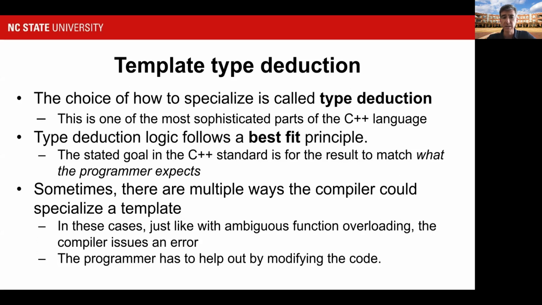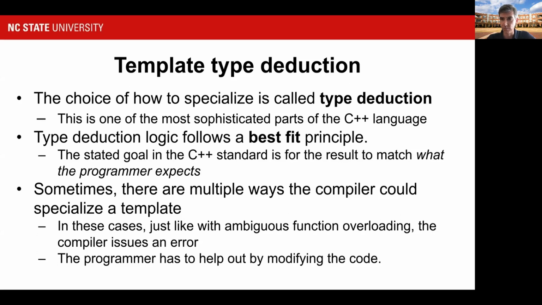So it has a similar sort of goal when applying templates. And in fact, a significant part of function overloading and type deduction logic overlaps, because a lot of times a template is going to be a function, and all the different ways you could specialize the function are basically like overloaded versions of the same function, just with different types. So it's always trying to do that best fit analysis.